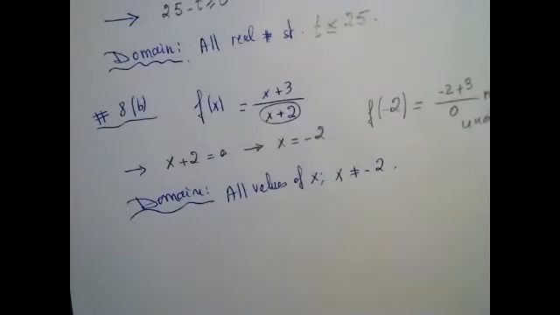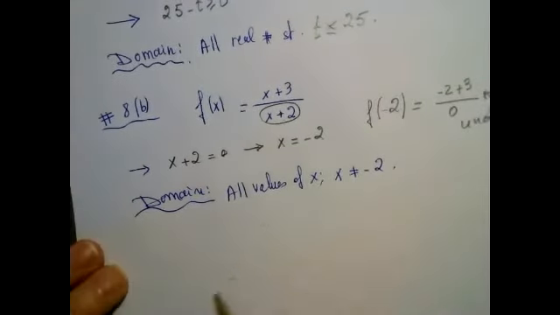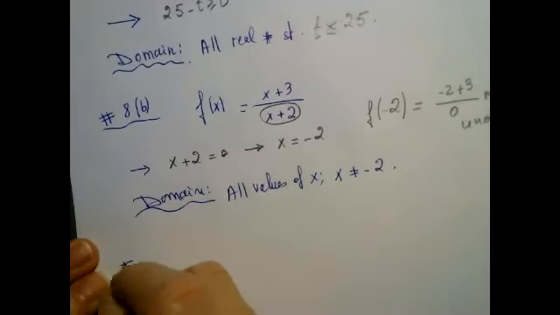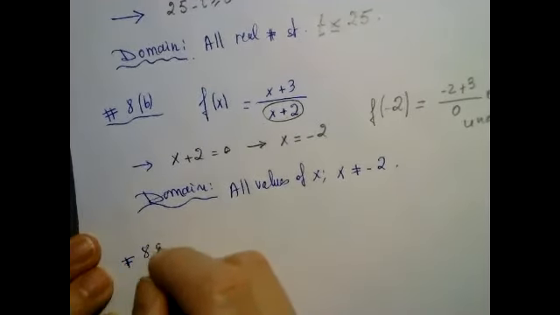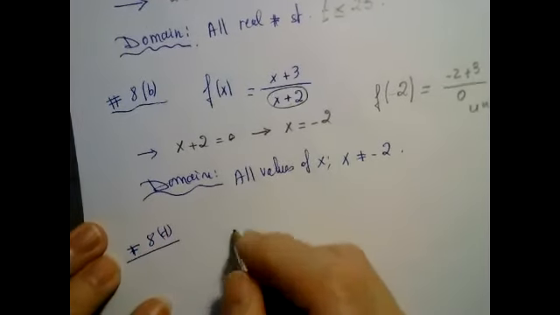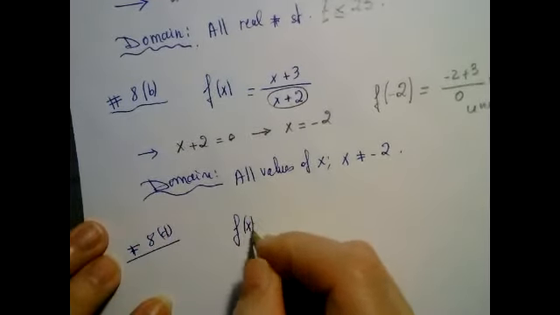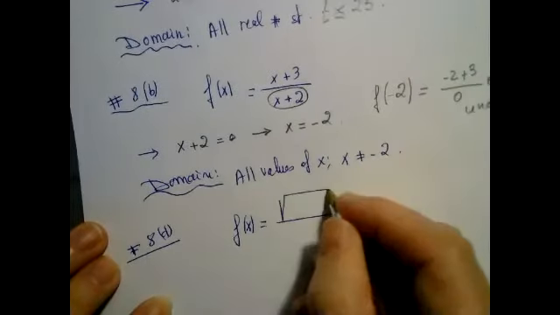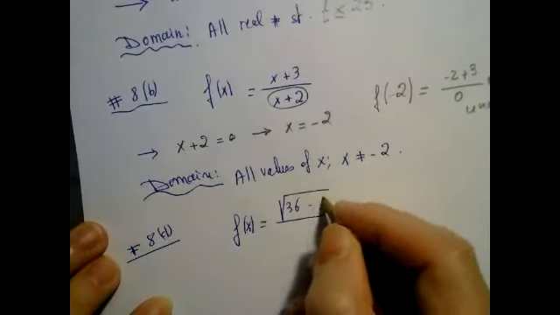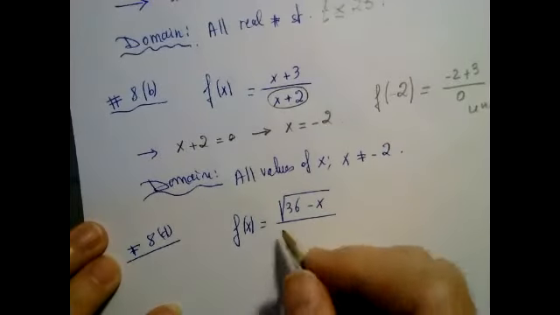Okay, so I will pick one and I'm going to give you 2 minutes to do it. You should have thought about those problems. So 8D. My function f of x now is the following: the square root of 36 minus x divided by x plus 8.